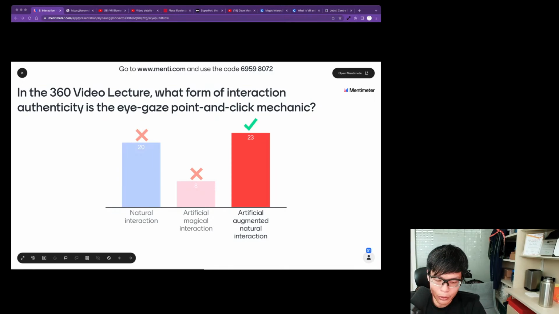Because again, note that the intended interaction outcome is a natural click and touch. I mentioned this just now as well. You may argue, is click a natural thing to do in real life? I would argue it is, because we are always dealing with point and click stuff on our computers. So it is something that is possible in real life. And if you're thinking about touch and activate kind of interaction, it's also something that's natural in real life.